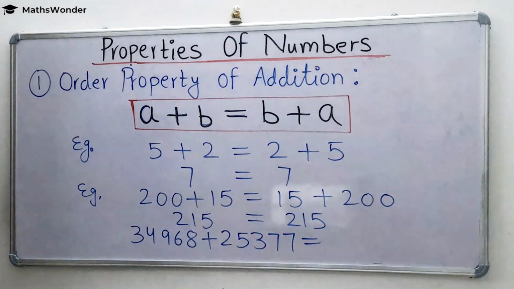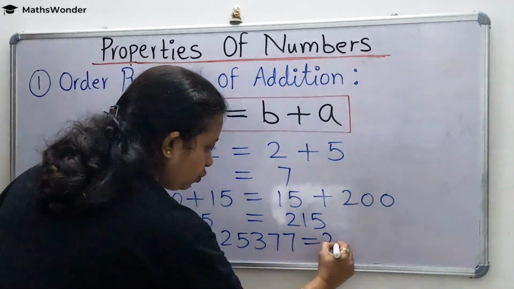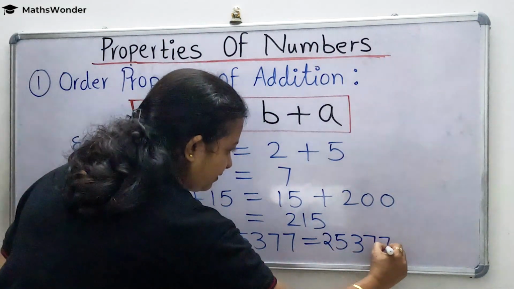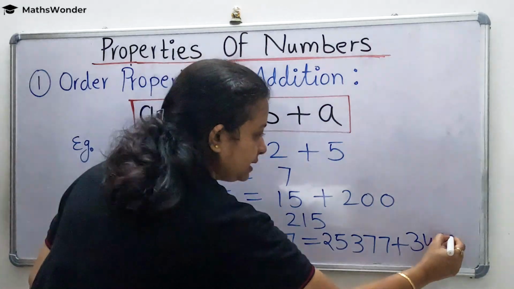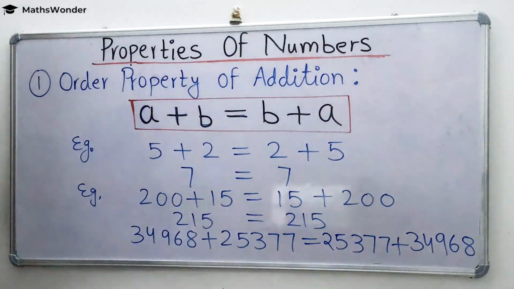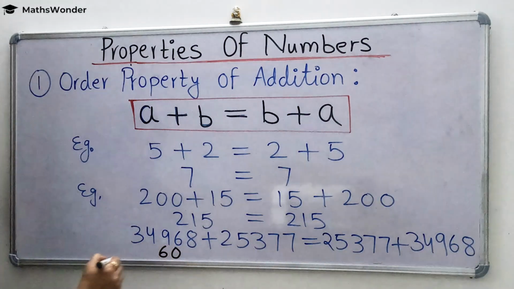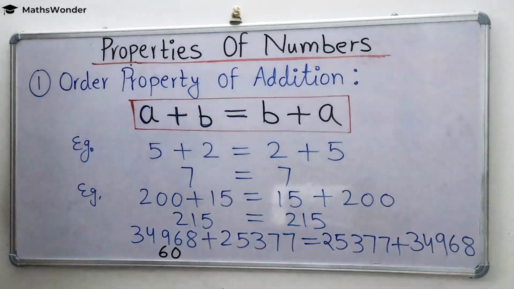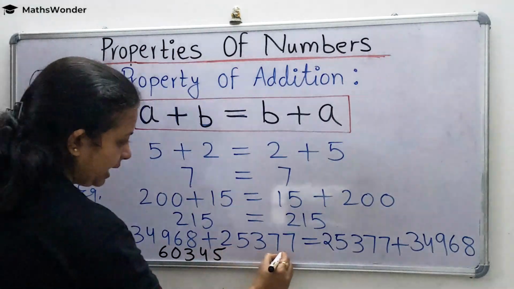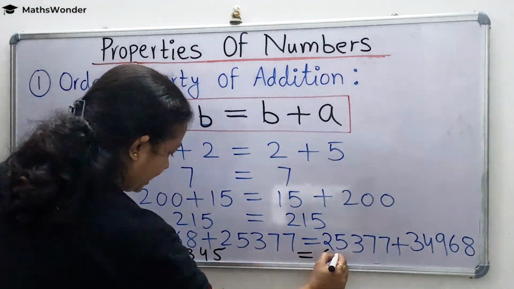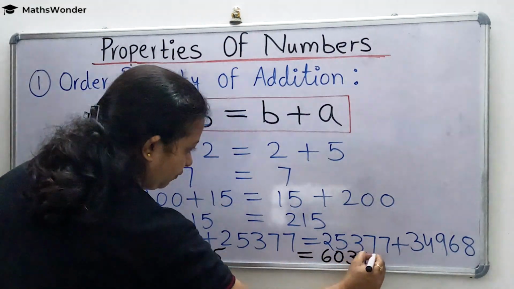When you change the order, 25377 plus 34968, when you add the numbers, you will get the same answer on both sides. So the addition will be 60345. The same addition you will get on the other side, 60345.